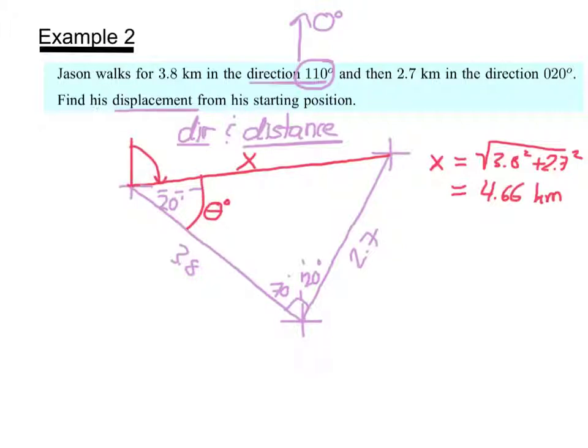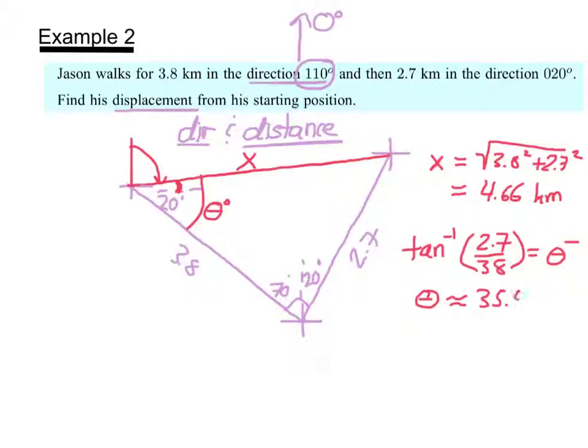Now if we knew theta here, the inner angle of this triangle, I could subtract 20 to find this smaller angle in here, and then I could find the complementary angle, and that would be my bearing. So I'm going to use inverse tangent here to find theta, right? And inverse tangent is opposite over adjacent, so I'm going to take the inverse tangent of 2.7 over 3.8, and that's going to get me theta. And so theta is approximately 35.4 degrees.